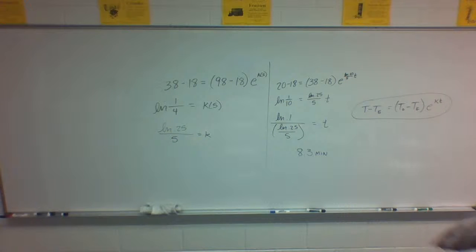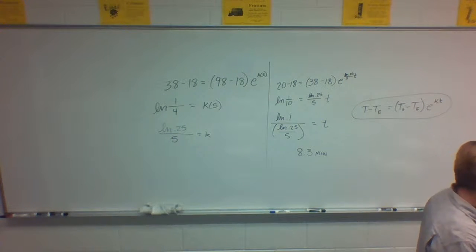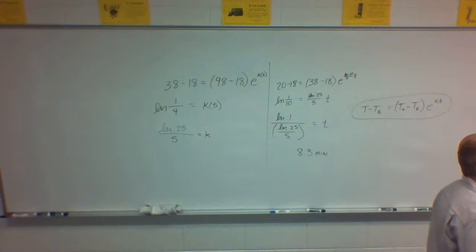What kind of a function is this, by the way? Exponential. Okay. And we're going to have to figure this out by doing a plot of data. Can we just go from one set of data points to one more, like from 10 to 15, plug it in, and then find a K value?